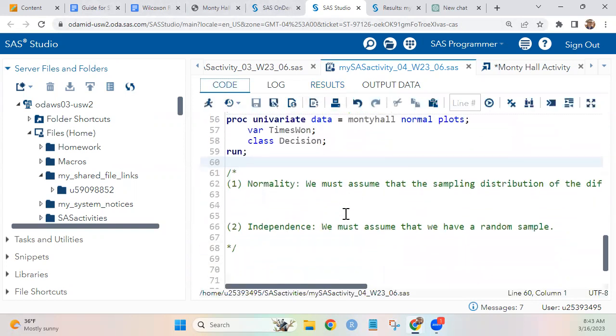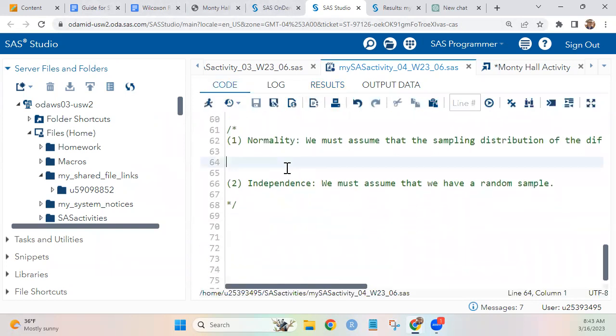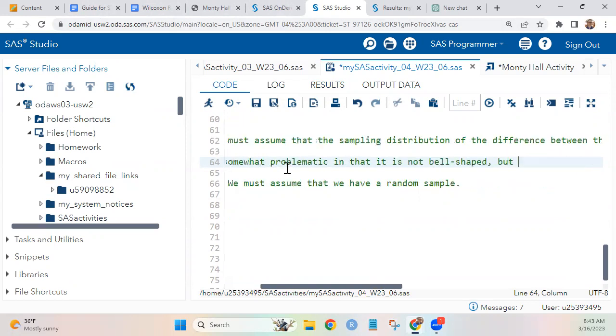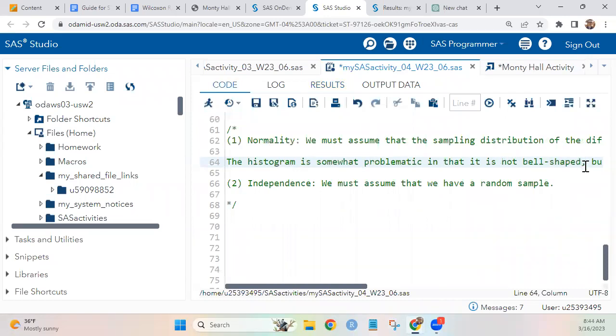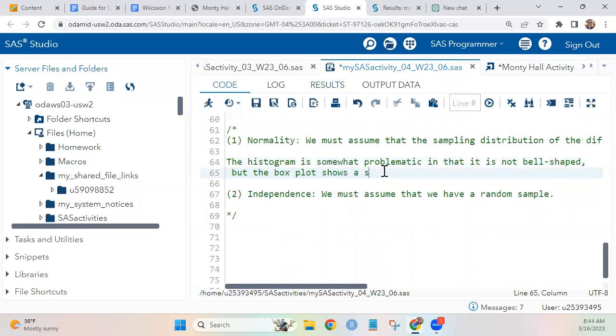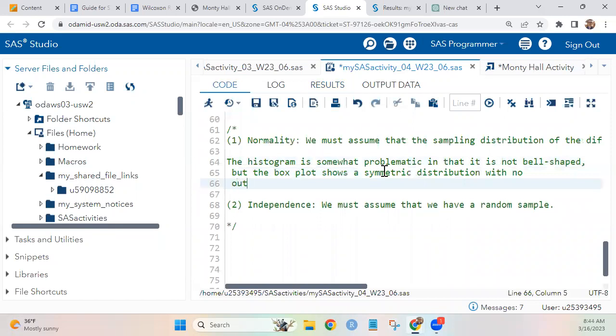Summarizing that. Okay, a few things to note. The histogram is somewhat problematic in that it is not bell-shaped, but the box plot shows a symmetric distribution with no outliers.